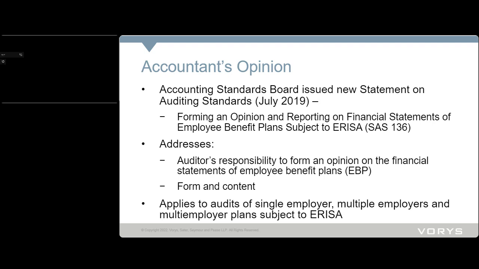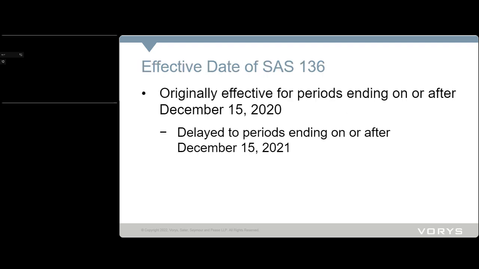SAS 136 applies to audits of single employer, multiple employer, and multiemployer plans subject to ERISA. It was originally effective for periods ending on or after December 15th, 2020, but a delay was put out, so it was delayed to periods ending on or after December 15th, 2021.